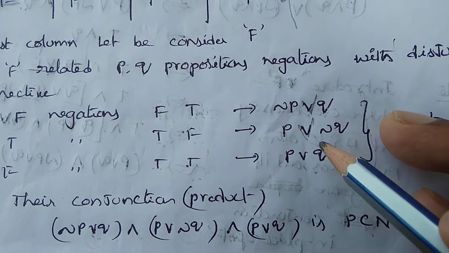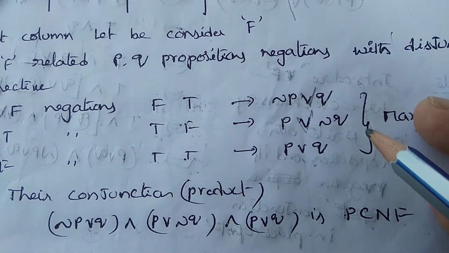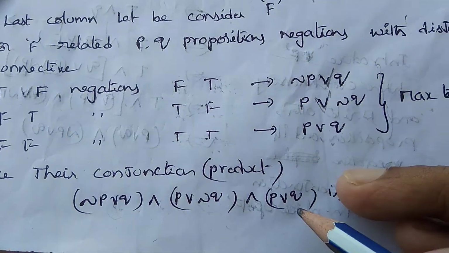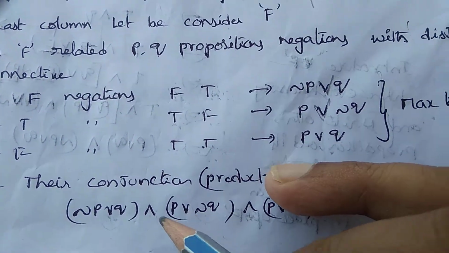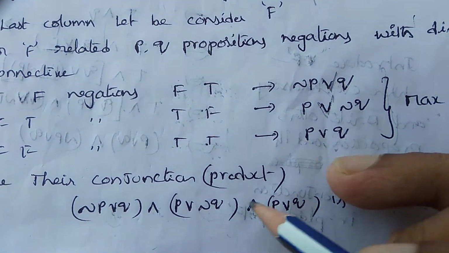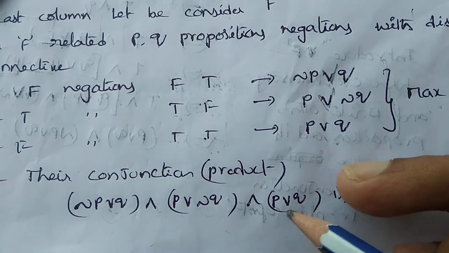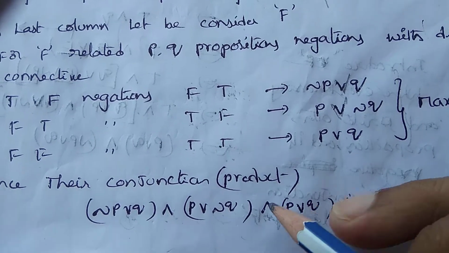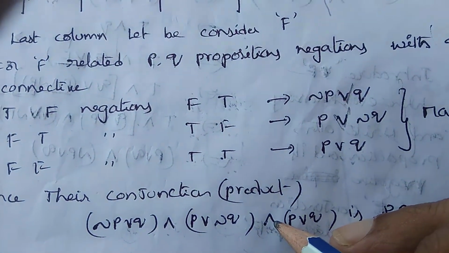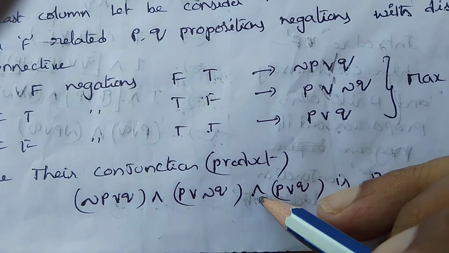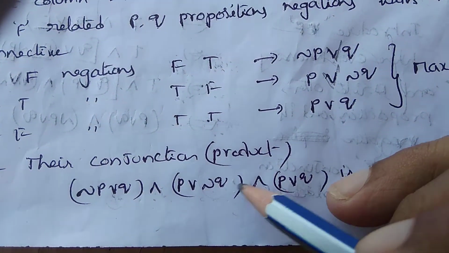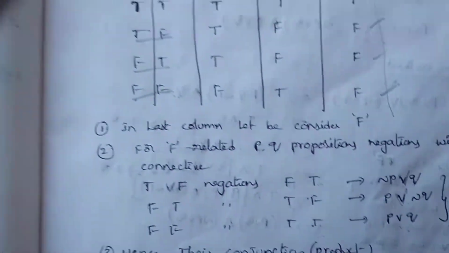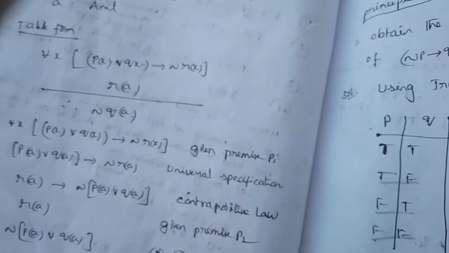Like that you find maxterms. Keep each maxterm in brackets, and if you put the AND symbol among the brackets, this is a product of maxterms, or product of sums, called PCNF. So that is the truth table method.